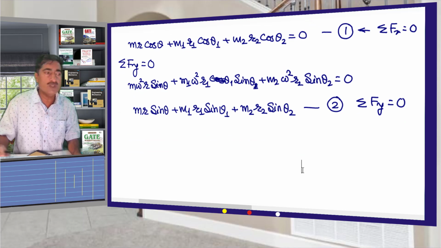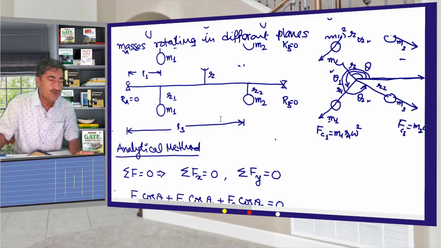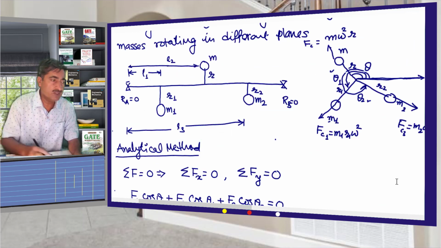So we have two equations, equation 1 and equation 2, and the unknown quantities are m1, m2, r1, r2, theta 1 and theta 2, and the location of masses in horizontal direction. What is the location of m1? It means L1 and L3.